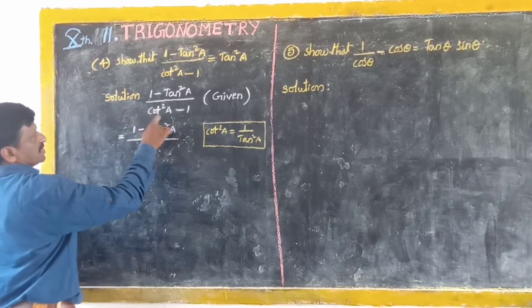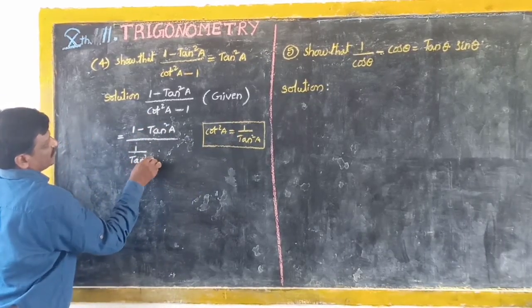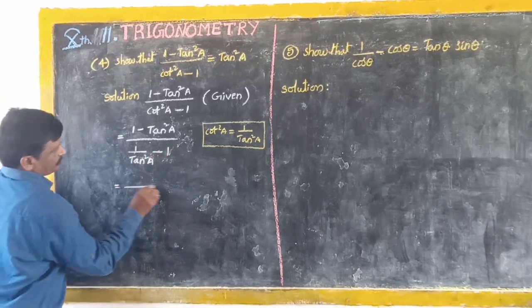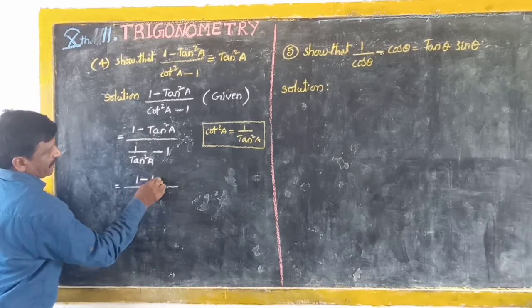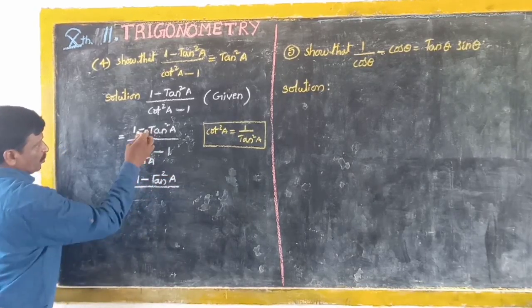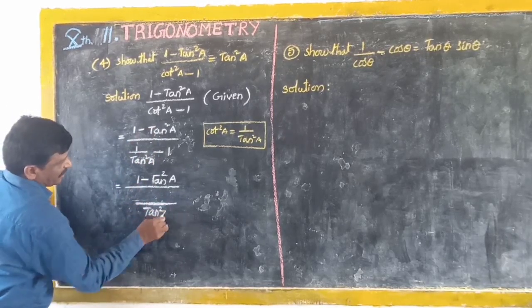Now cot square a means 1 by tan square a, minus 1. The numerator is 1 minus tan square a. For the denominator, the LCM is tan square a.